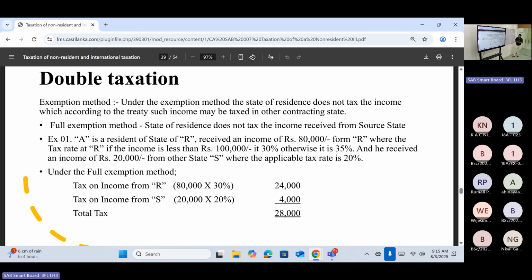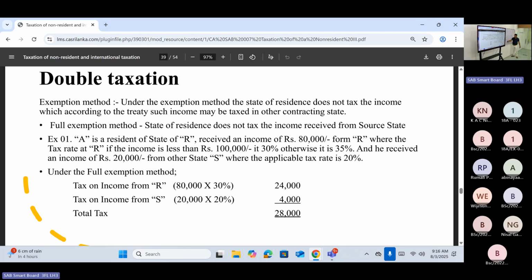Now, his tax liability here is how much? 24,000. Correct? Now, altogether, what is his total tax liability?